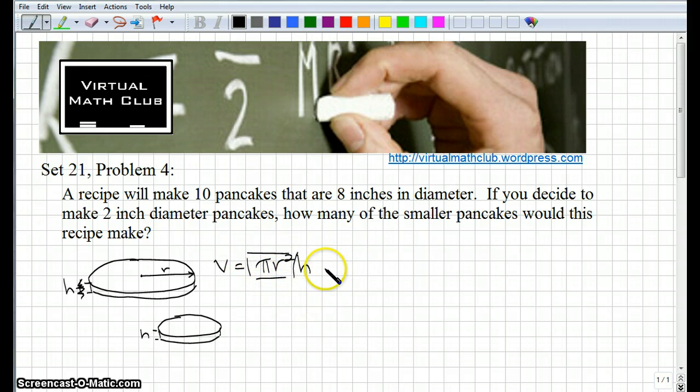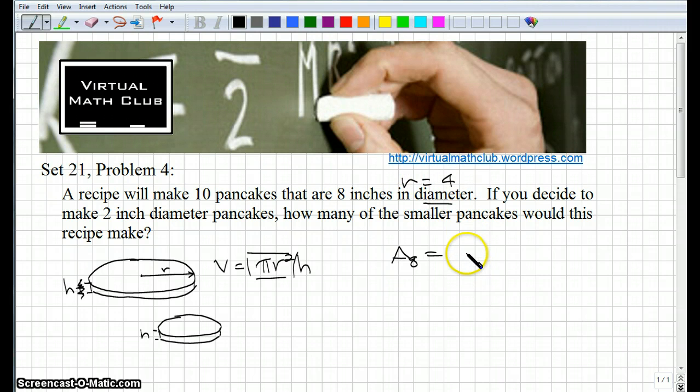So let's figure out what the area of an 8-inch diameter pancake is. The area of the 8-inch diameter pancake is equal to pi r squared. Now make sure you notice this is diameter and not radius, so the radius is equal to 4, right?